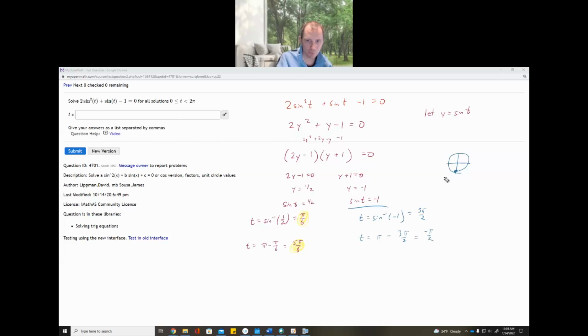That's not between 0 and 2 pi. So if I add 2 pi to it, negative pi over 2 plus 4 pi over 2 gives me 3 pi over 2. Back to the same spot, because there's just one answer here. So those are my 3 solutions.